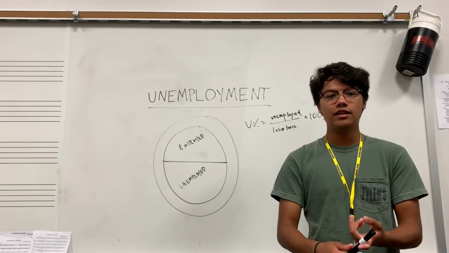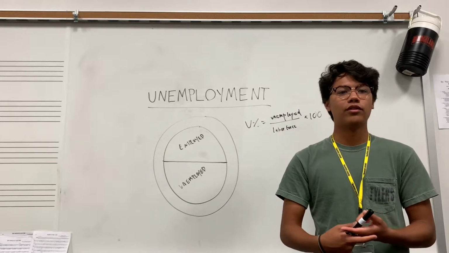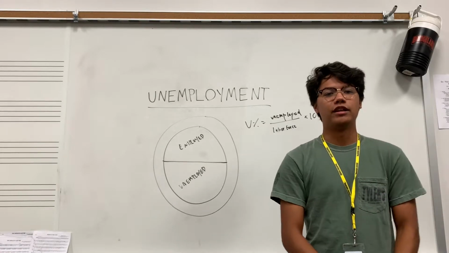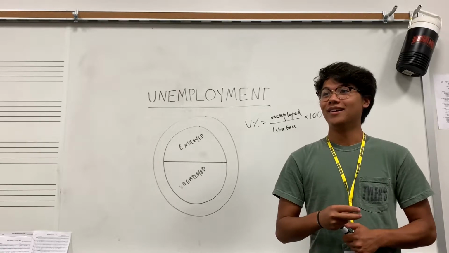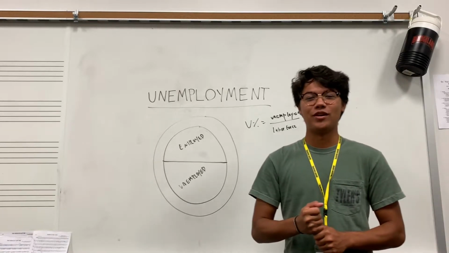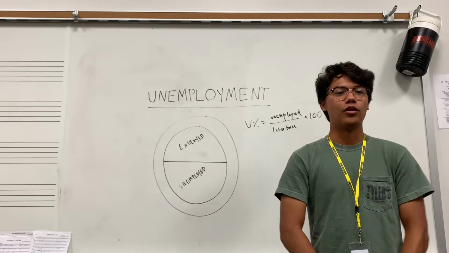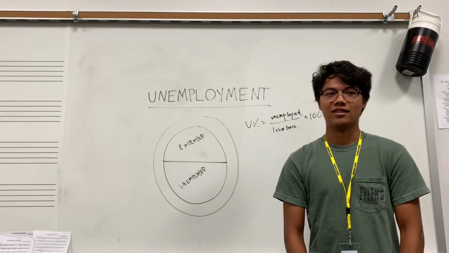So ski resort workers who lose their jobs in the summer and spring months, ice cream vendors who don't sell as much in the winter seasons, lifeguards who lose their jobs in the winter seasons because pools are not open. So those are our 4 types of unemployment, and that is unemployment.